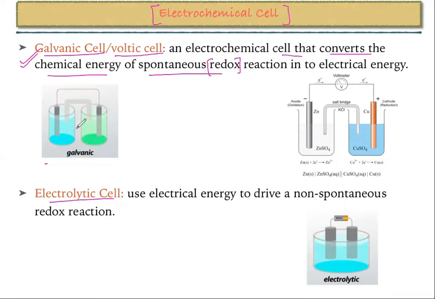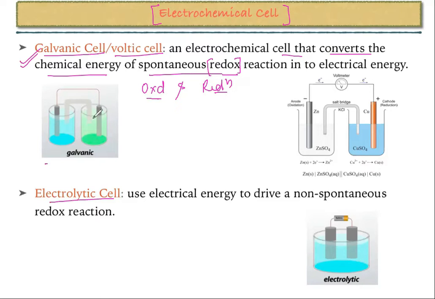So the reaction is spontaneous, and there is no external source applied to carry out the reaction. And this is a redox reaction. So what is a redox reaction? One where oxidation and reduction take place simultaneously. We are going to discuss this reaction in detail.